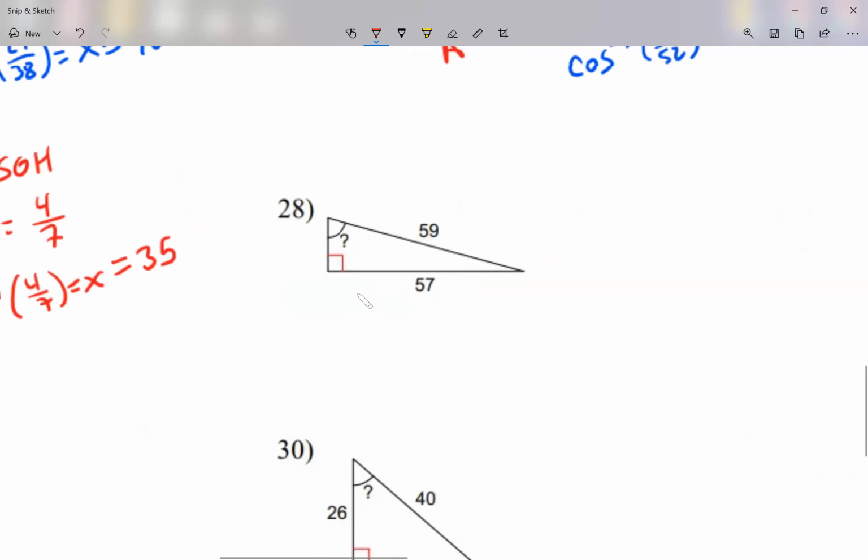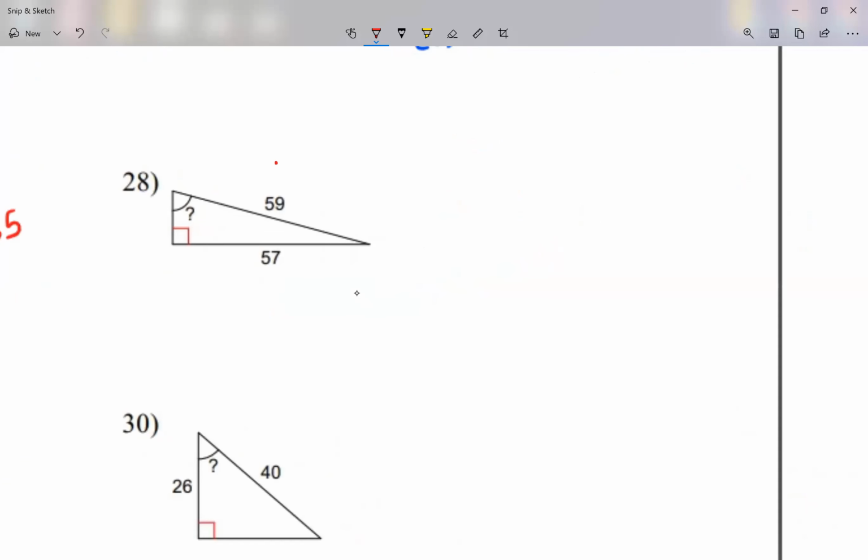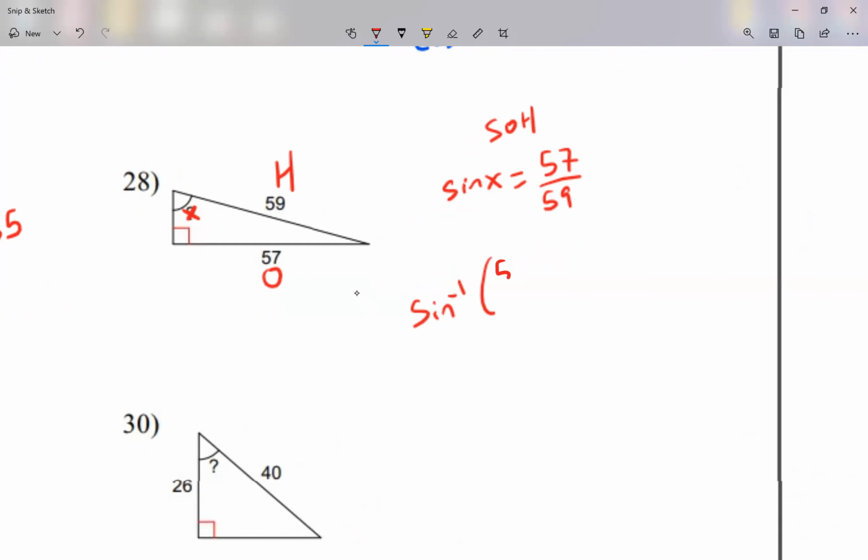Let's take a look at question number 28. I have the hypotenuse. Based on the angle, I have the opposite. I remember the acronym SO, which means sine of x is equal to 57 over 59. So that means that sine inverse of 57 over 59 is equal to x.